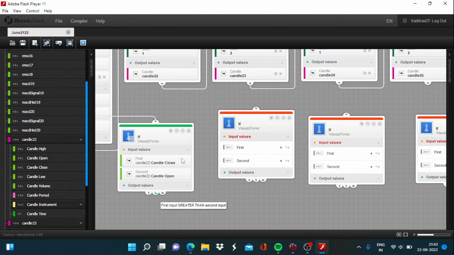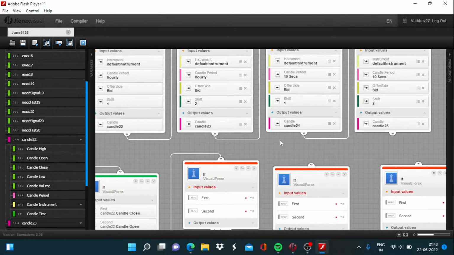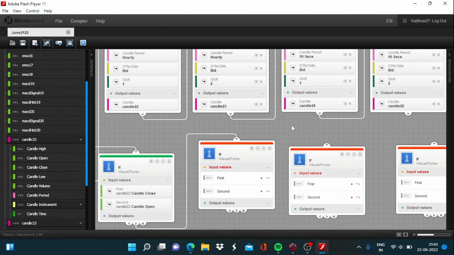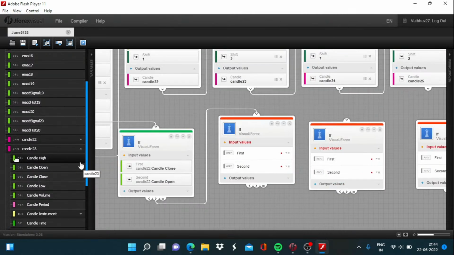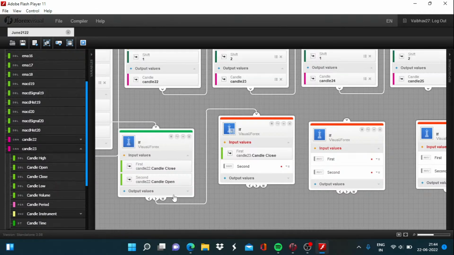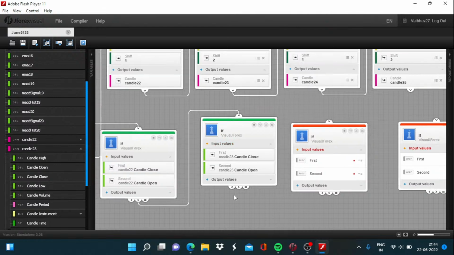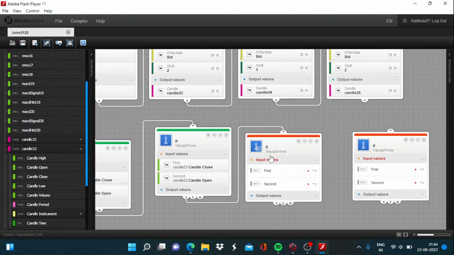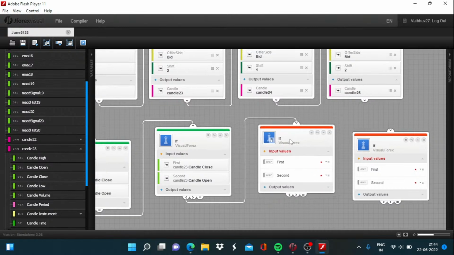First input greater than second input, whereas candle 23rd closing level should have been below the opening price. Candle 23rd is the second last hourly candle, and there the momentum should have been on the bearish side. First input less than second input, and then as soon as the price starts to rise above the last hour's closing level, we will look to initiate the new buy trade.